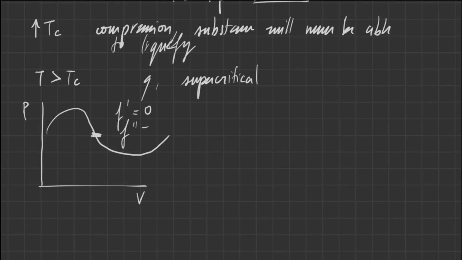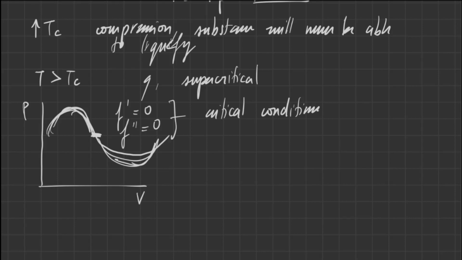And then the second derivative is also 0, because concave down turns into concave up. So it's at this point that we can evaluate the critical conditions.